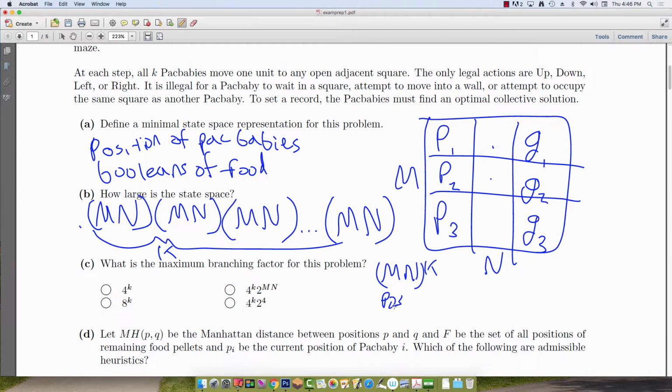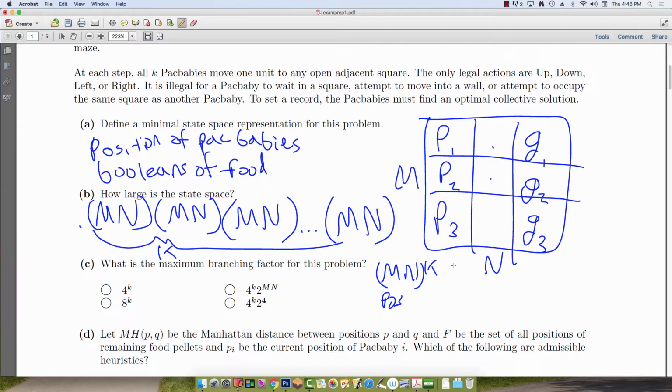The next thing we have to consider is the booleans of the food positions. If there's mn food positions, each of these food could either still be present or not be present, so each bit of this Boolean representation could either be true or false.